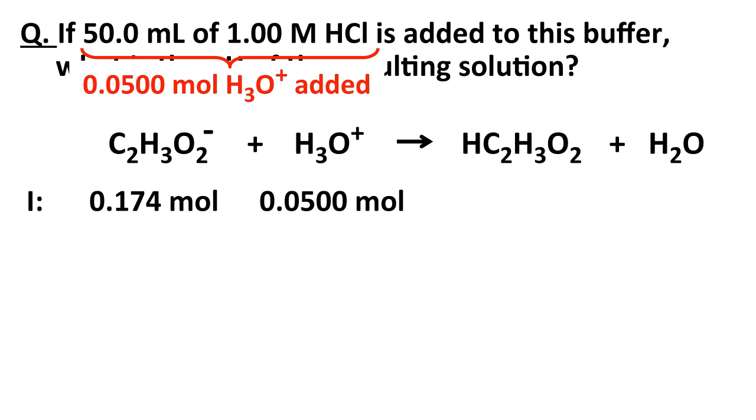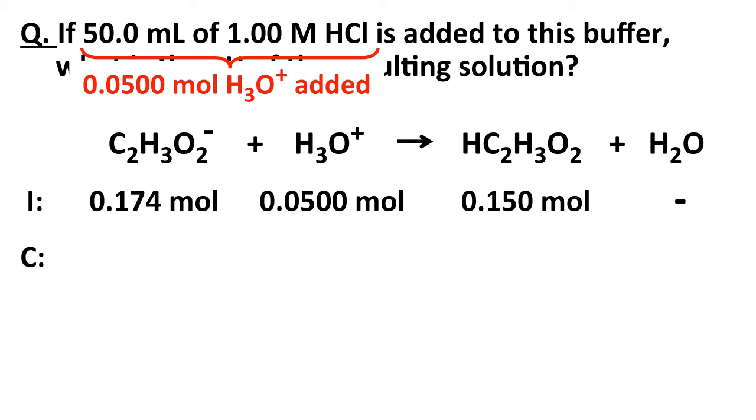So we have 0.174 moles of the acetate ion in our original buffer. We've added to that 0.0500 moles of hydronium ion, or H+. We originally had 0.150 moles of acetic acid, and water we're not going to really care about because there's a whole bunch of that around. It's in excess. Its concentration doesn't change very much during this process.